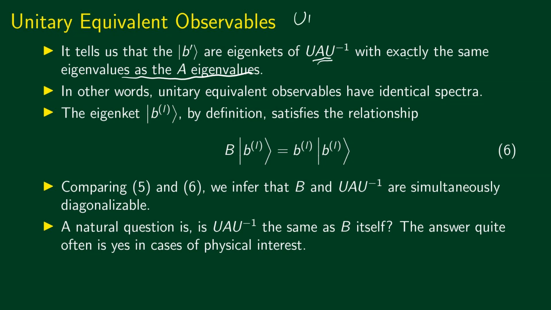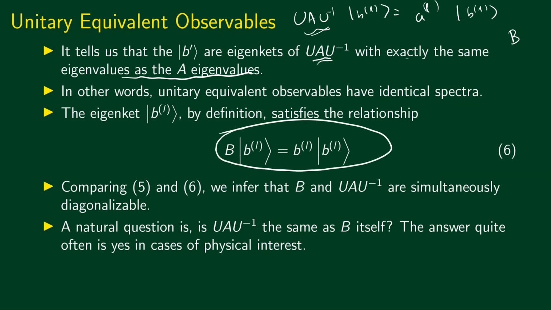What we have here is U A U inverse acting on ket b_l is equal to a_l multiplied by ket b_l. So these kets b_l are eigenkets of U A U inverse with eigenvalue a_l. But we have defined these kets b_l as the eigenkets of operator B, which satisfies the eigenvalue equation B acting on ket b_l is equal to b_l multiplied by ket b_l.